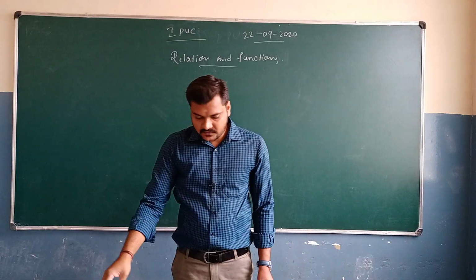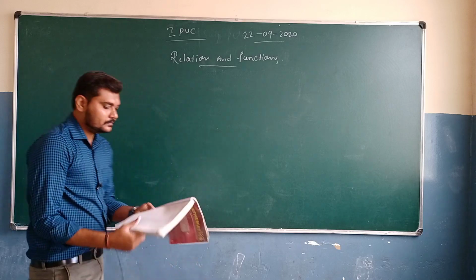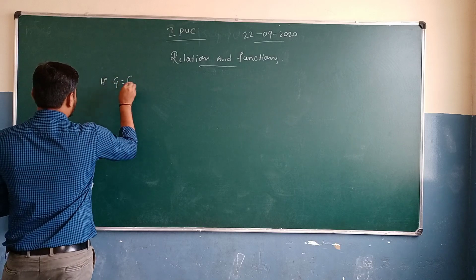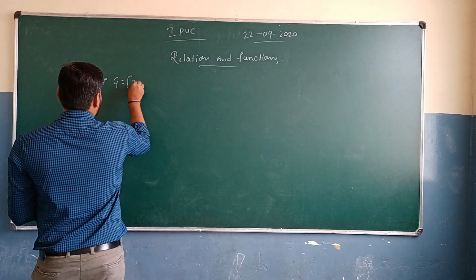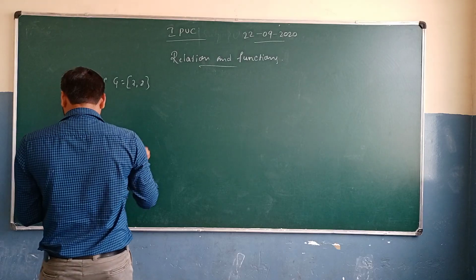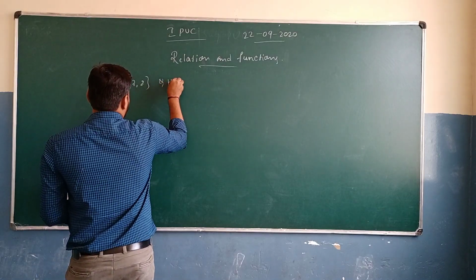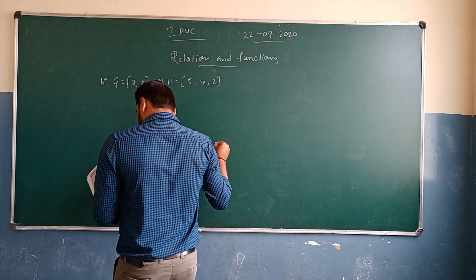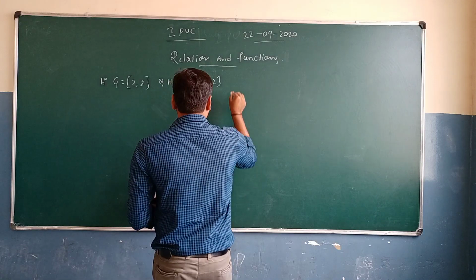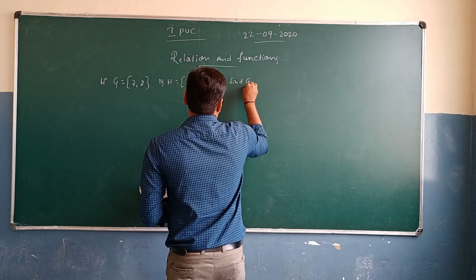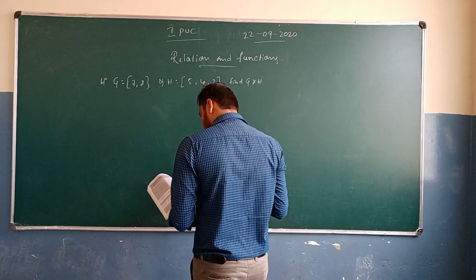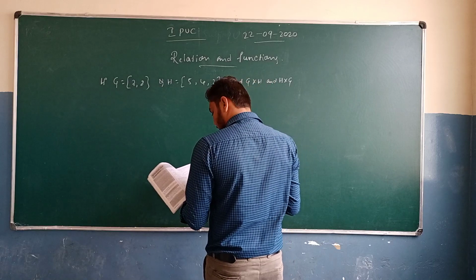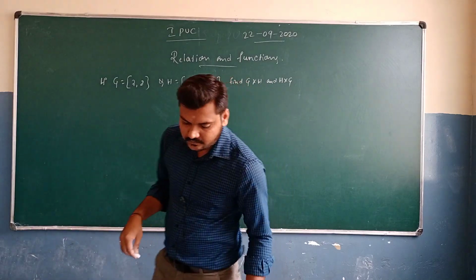Okay, the next problem. If G is equal to 7, 8 and H is equal to 5, 4, 2, find G cross H and H cross G. So this is the given question.